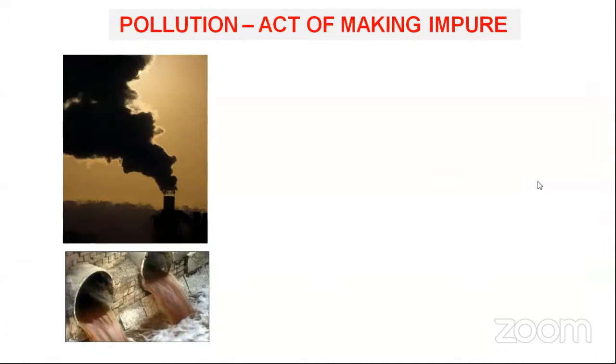The next important aspect is, what is pollution? Pollution is nothing but the act of making impure. First thing we should understand is that pollution is man-made, of man origin, or technically, anthropogenic.